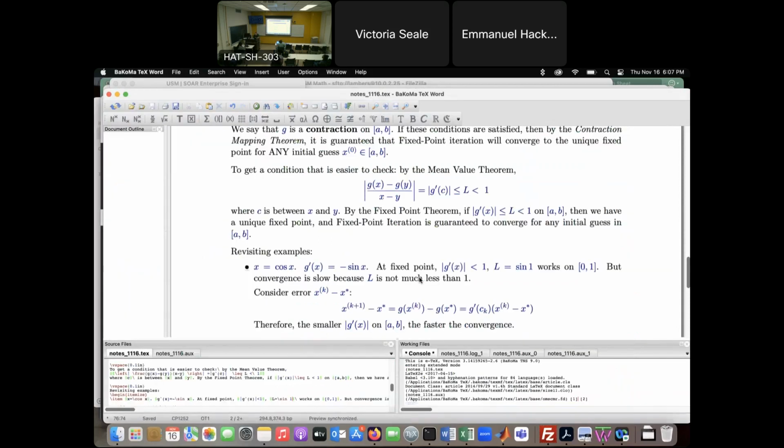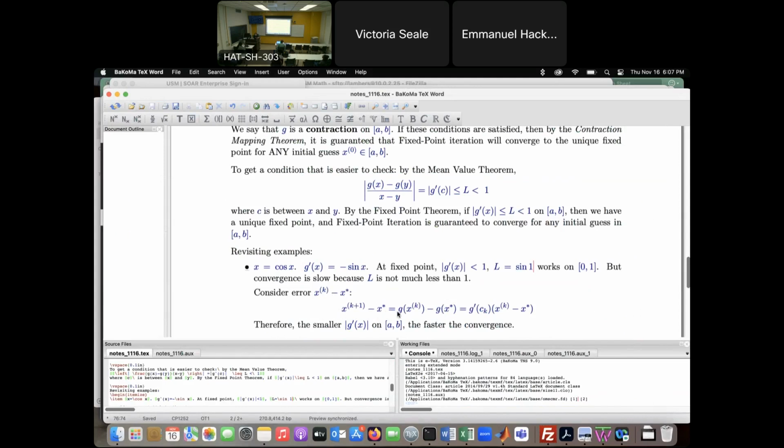That's that example. Now, if we take a closer look at the error, the error would be xk minus x star. So if I look at xk plus 1 minus x star, well, xk plus 1 is equal to g of xk, and x star is equal to g of x star because it's a fixed point.